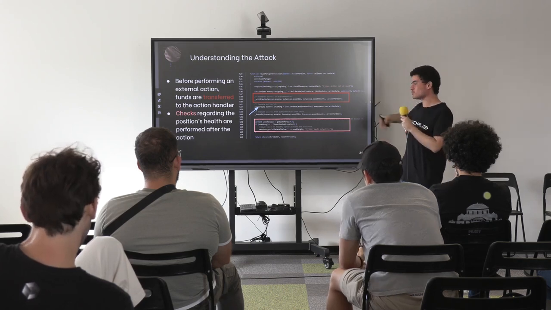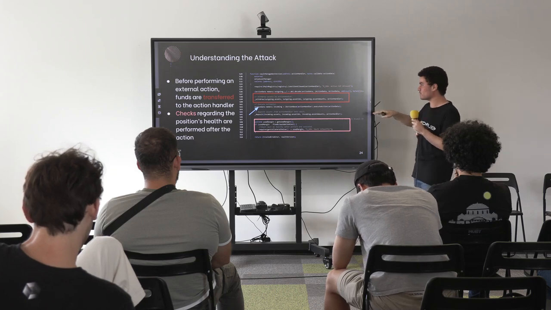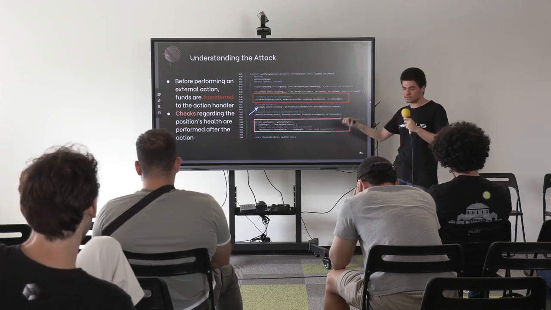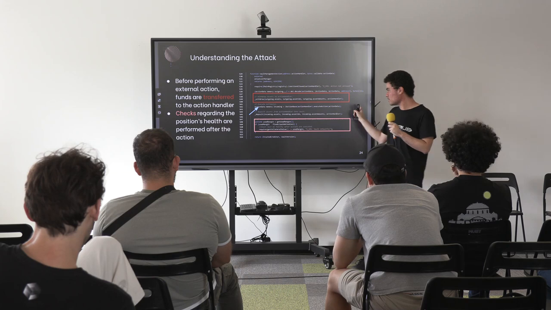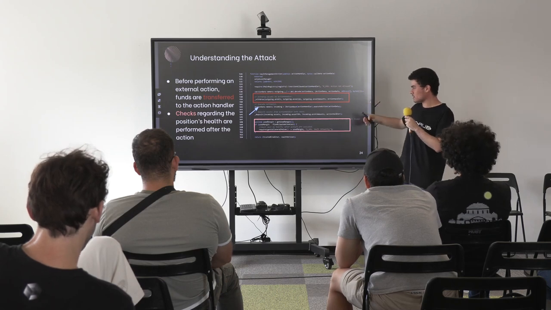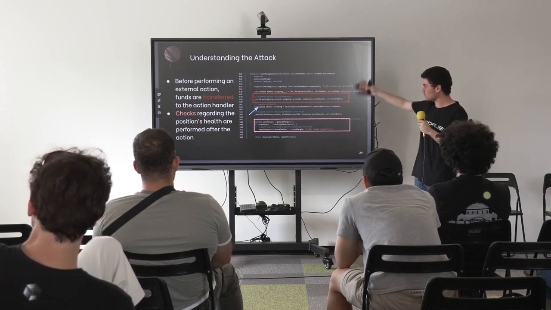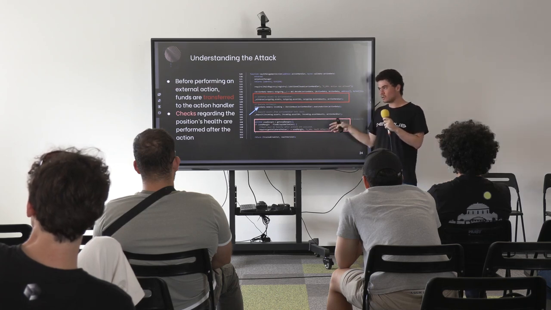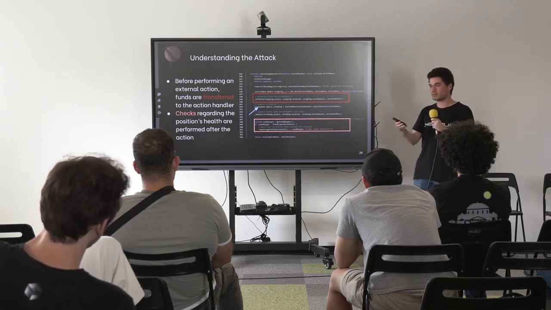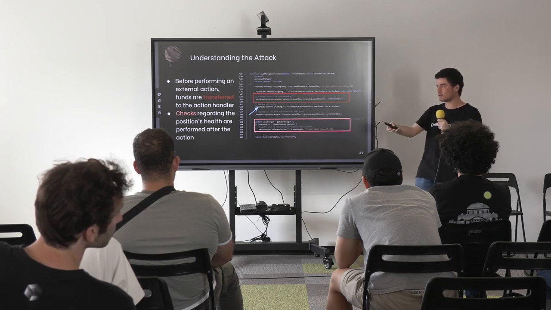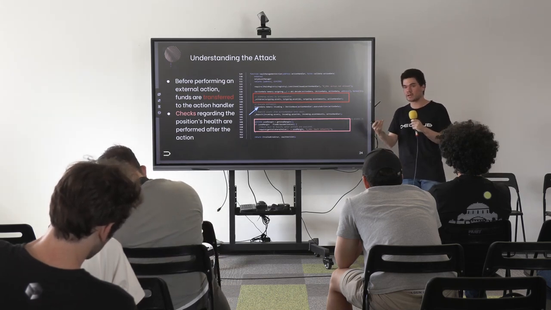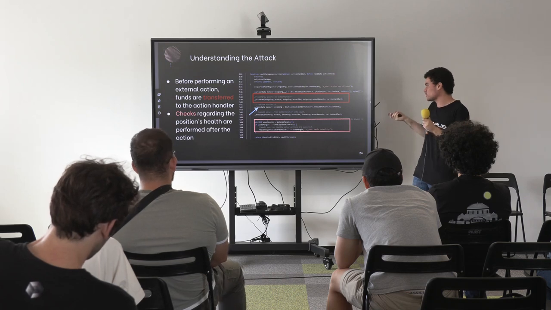And then you're allowed to set up the state before performing the external call. So you may transfer some funds into your action handler. And then your action handler would be called. And after execution is returned back to the vault contract, the vault will perform health checks. So if you have used your vault to previously borrow funds using your collateral, then your debt cannot be larger than your collateral because the protocol would have bad debt.